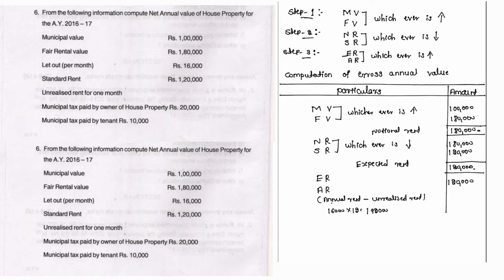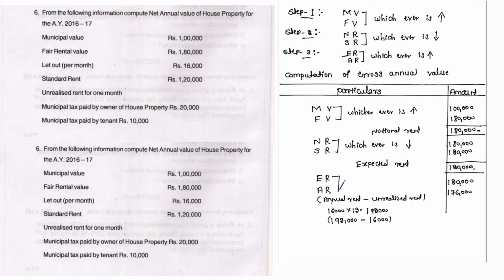So annual rent minus unrealized rent. Annual rent 1,92,000 minus unrealized rent they have given in the problem, 16,000. If you deduct, you will get 1,76,000 as your actual rent.